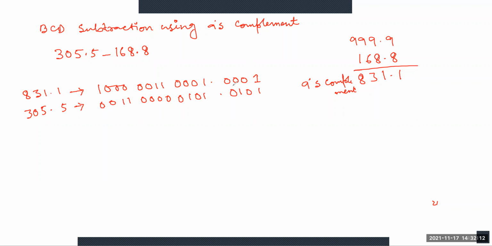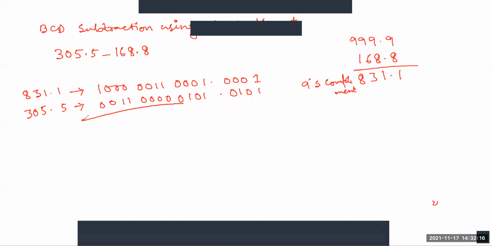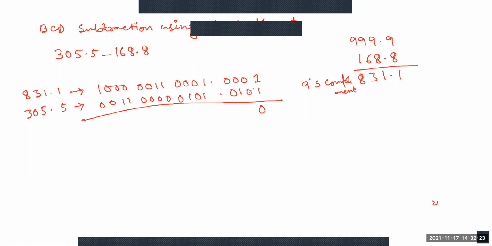Now add. 1 plus 1 is 0 carry 1, 0 plus 0 plus carry 1 is 1, 0 plus 1 is 1, and 0 plus 0 is 0.